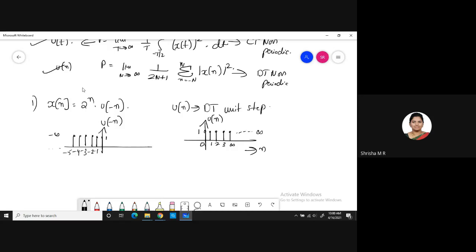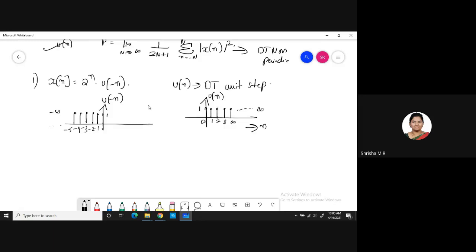Your question is x of n is equal to 2 power n into u of minus n, so give values for n and find out how the signal x of n will look. U of minus n exists from minus infinity to 0, whereas u of n exists from 0 up to infinity.